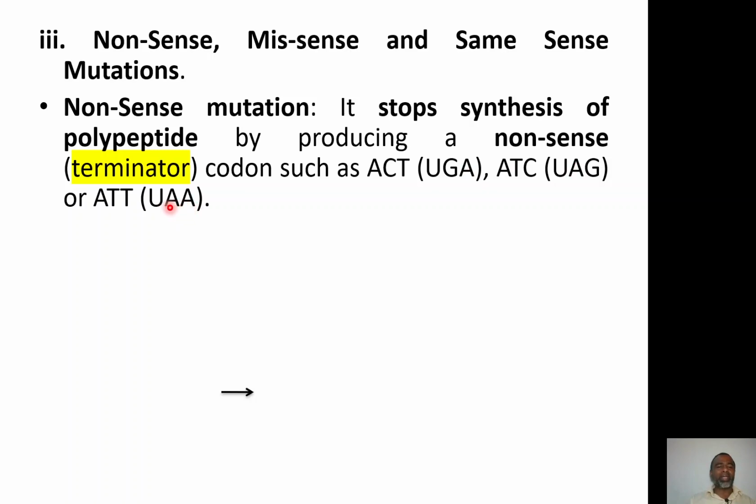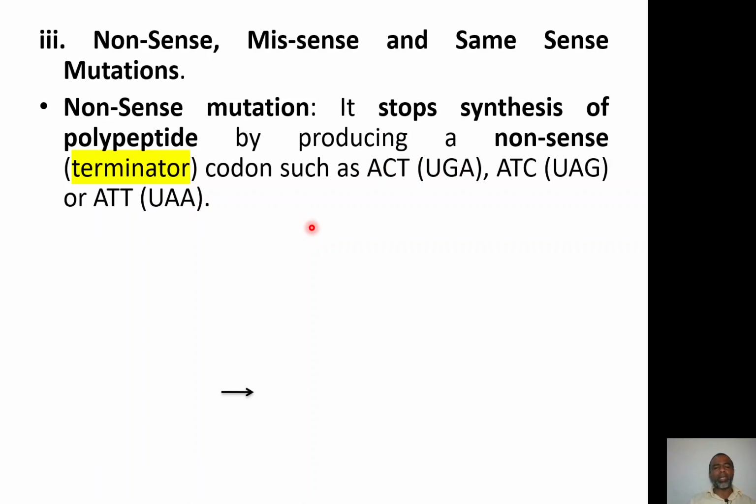Once they appear in the messenger RNA, it means the further reading of the messenger RNA will be stopped. Say for example, you have a length of messenger RNA and because of the mutation a portion within the messenger RNA is mutated to this code or this code or this code.